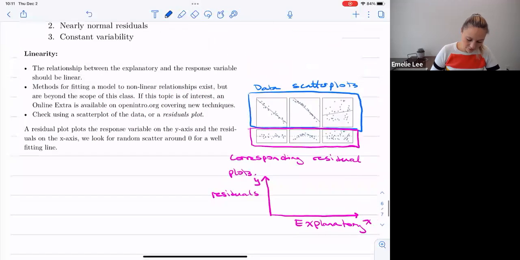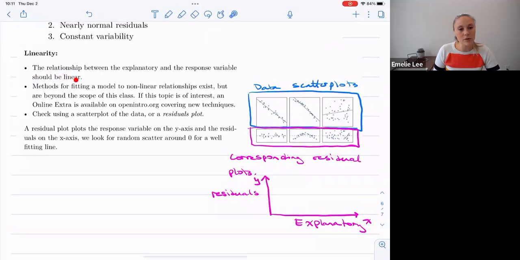If we're looking for linearity, then we're looking for random scatter around 0. So a residual plot plots the residuals, and what we're looking for is random scatter around 0.